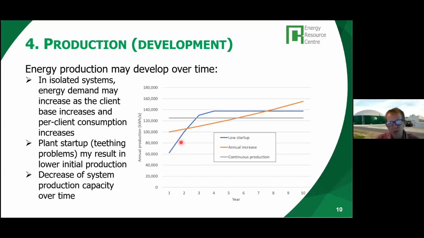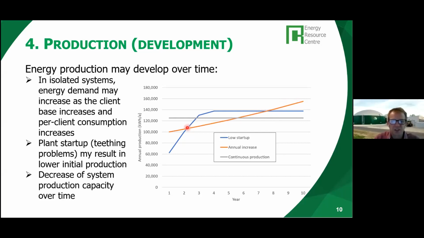A similar thing is what we see in the annual increase scenario, meaning that even though it increases over time, which is of course beneficial for the project, it should be kept in mind that this increase over the later years has a smaller effect on the rate of return.